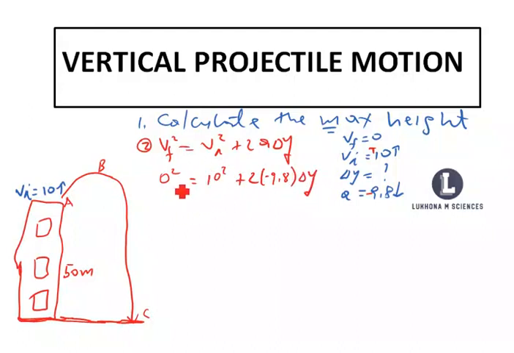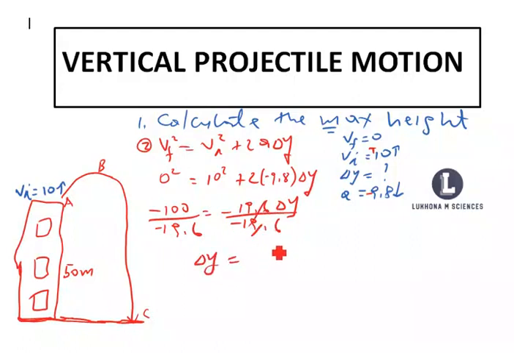Then 10 squared is 100, then you transpose. So we have minus 100, which is equal to minus 2 times 9.8, that's 19.6 dy. Then we divide both sides by negative 19.6.